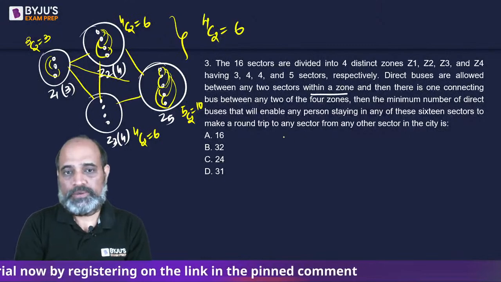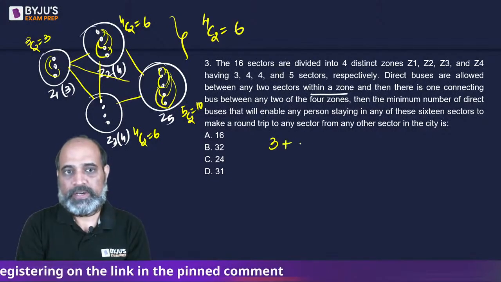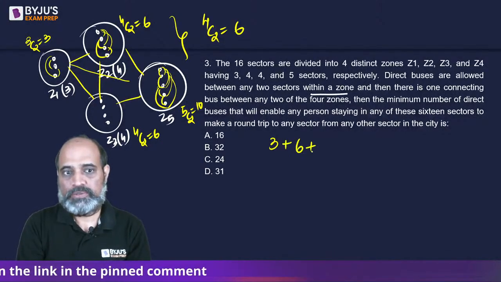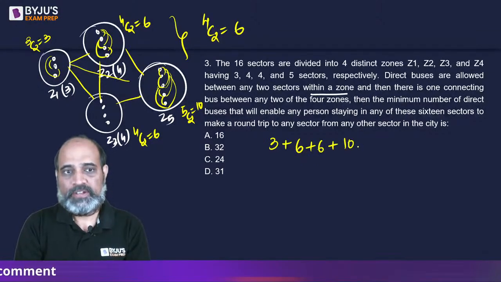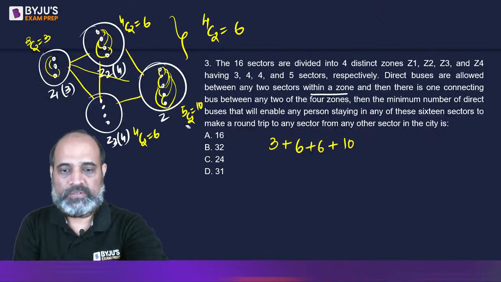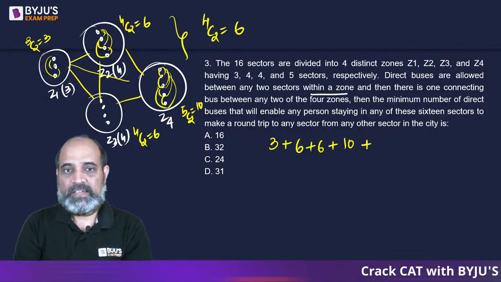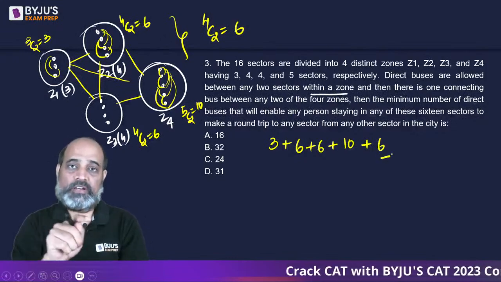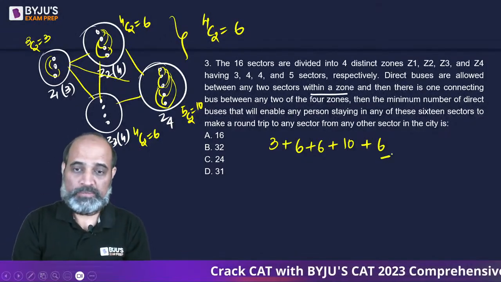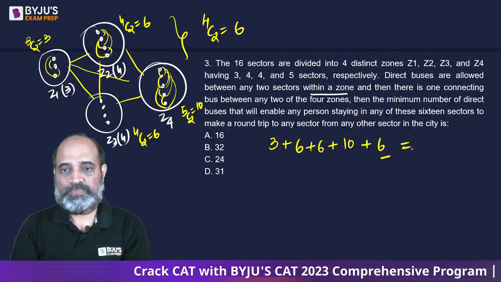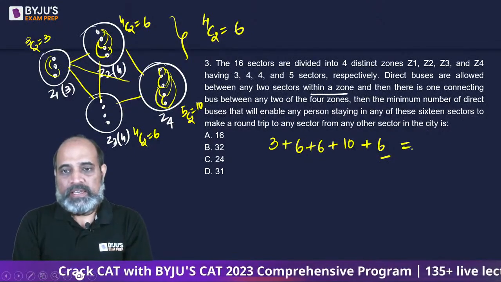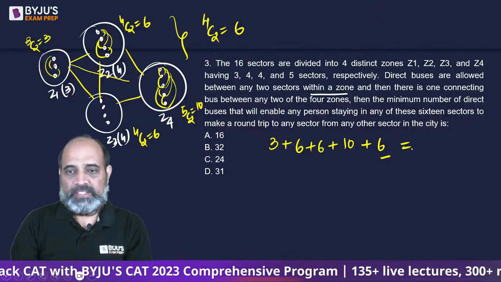So total kitne ho gaye? 3 from Z1, 6 from Z2, 6 from Z3, 10 from Z4, and then 6 from the 4 zones among themselves, right? So this is going to be 18, 28, 31.